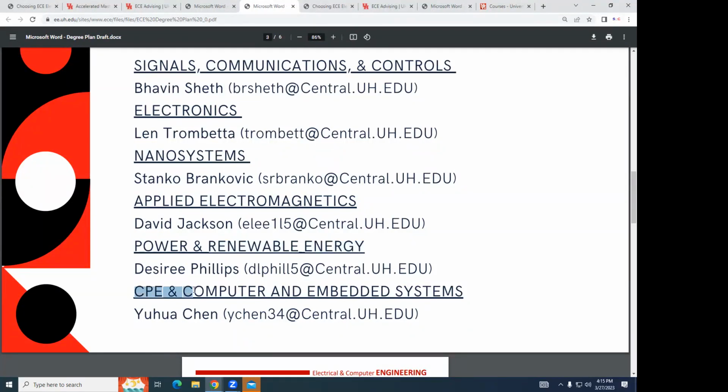And then computer engineering and computer and embedded systems is Dr. Yuhua Chen. The primary difference is that computer and embedded systems is still electrical engineering. This is computer engineering. And the difference is that the computer engineers take 3 courses in the computer science department. Computer science, of course, is in another college. It's natural science and mathematics.